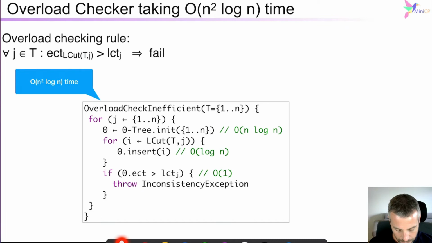So again, n log n for the initialization. We have n times log n time complexity for each insertion, okay? And since we have an external loop here with n iterations, the total time complexity will be n squared log n.